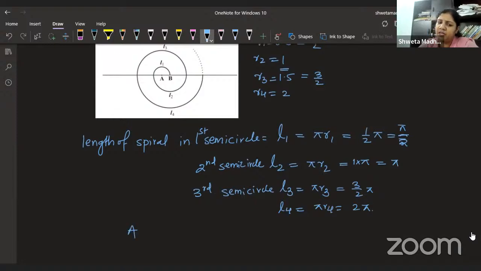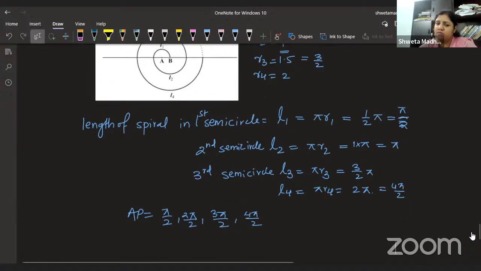So you got AP as pi by 2, pi, 3 pi by 2. So pi you can write as 2 pi by 2. Can you write? 3 pi, then 2 pi. 2 pi you can write as 4 pi by 2. Clear? If you don't write, then also okay, no problem.